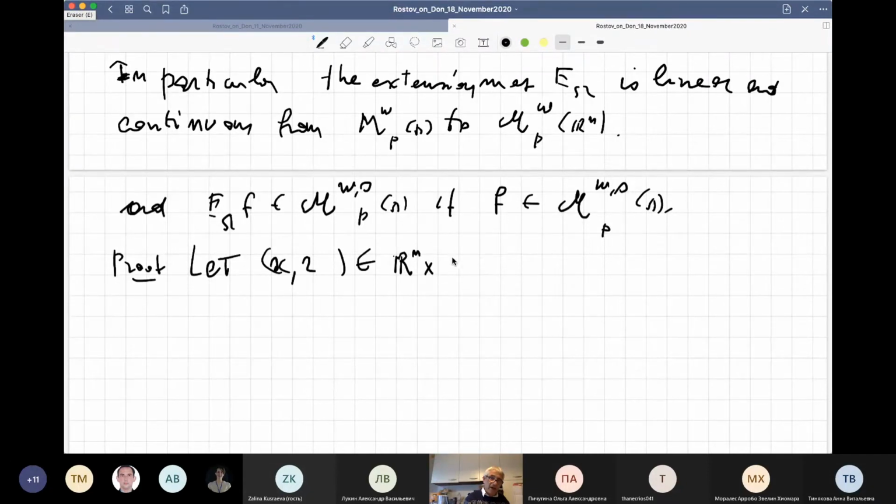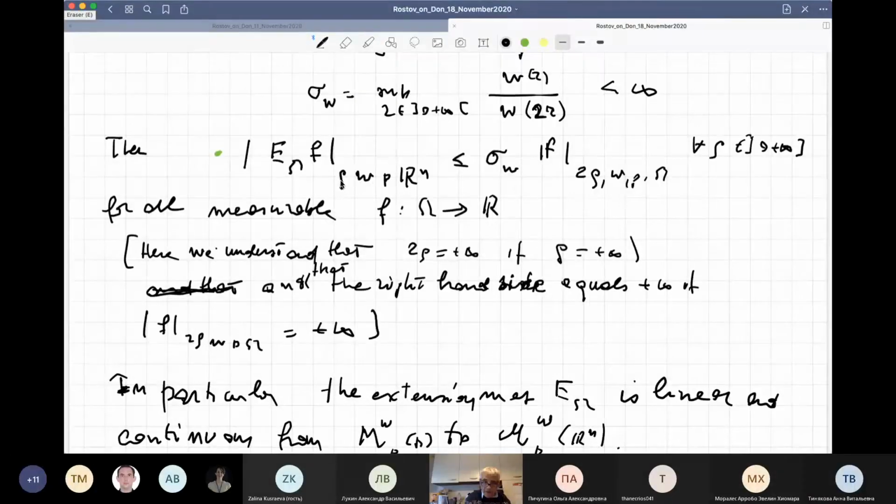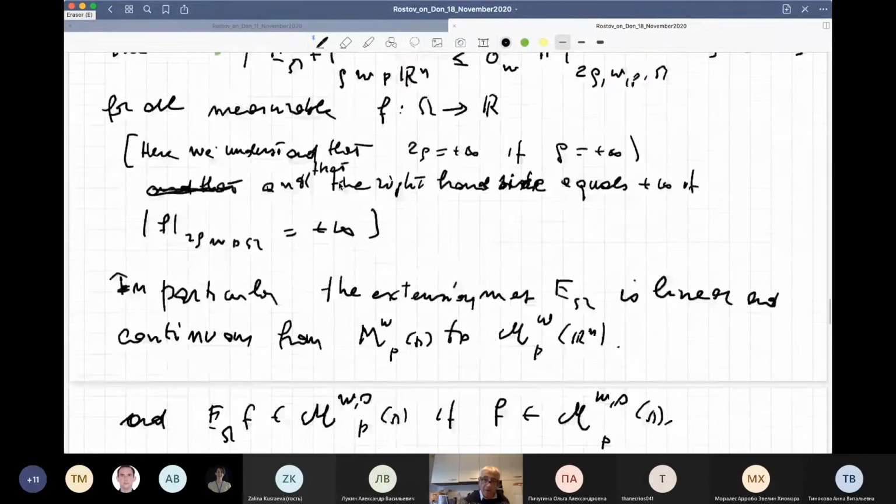And where are we taking r? We are taking r in (0, rho), because we are estimating the inequality here with the rho. So the radii have to be between 0 and rho.